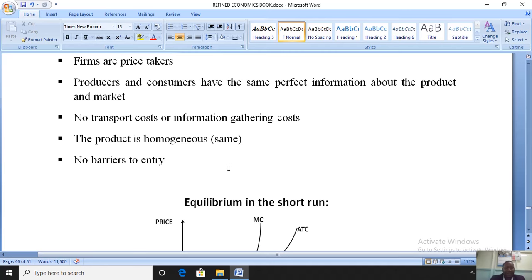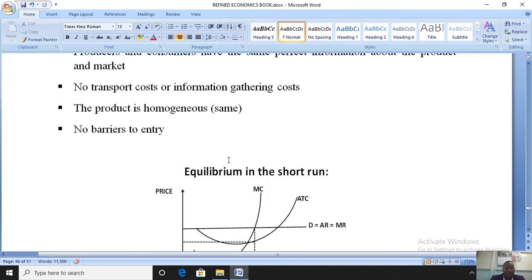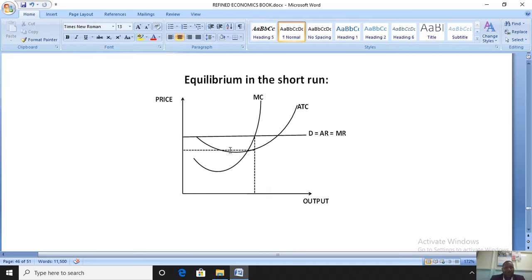So let's look at the equilibrium graphs for perfect competition market structure. In the short run, we've said the firms under this market structure will make supernormal profits. So how do we judge the supernormal profits? Supernormal profits happen if, at the profit maximization point, the average revenue is greater than the average cost.